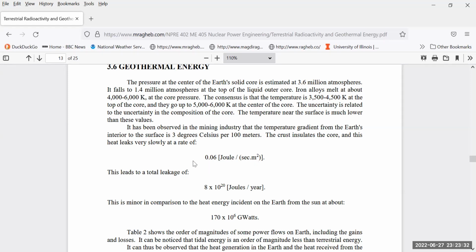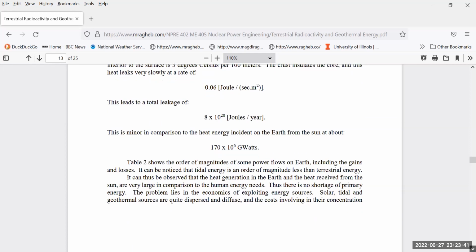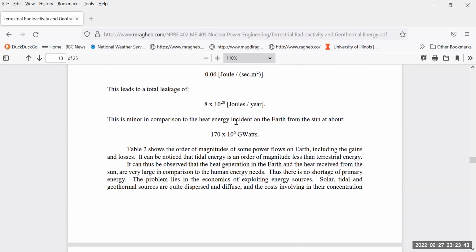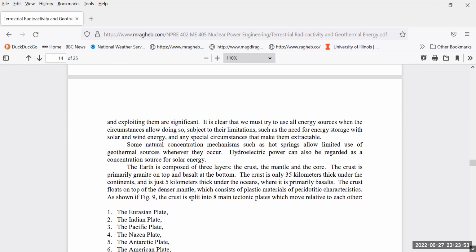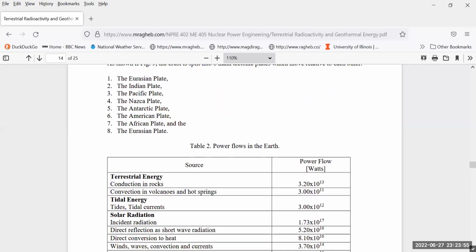So if you consider the total leakage on the Earth, that's 8 × 10^20 joules per year. And look at this. This is minor in comparison to the heat incident on the Earth from the sun, which is 170 million gigawatts. So these are orders of magnitude of heat flows in the Earth.